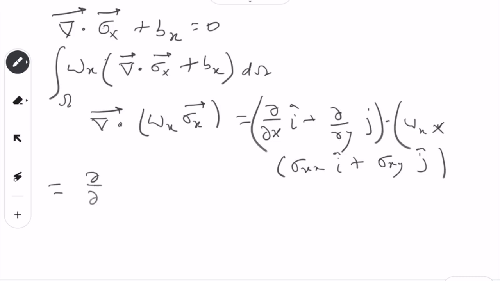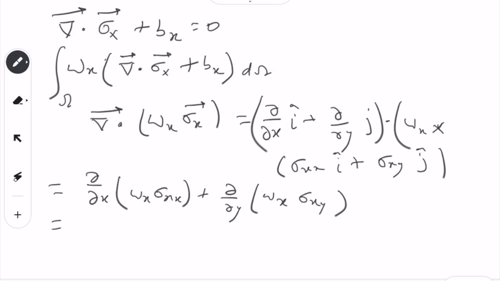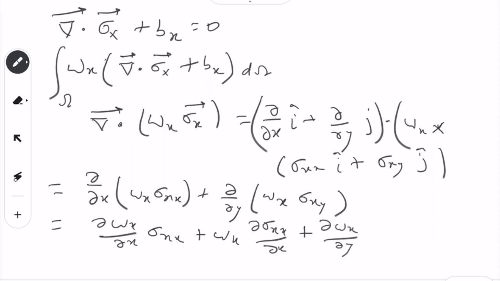So we get del over del x of wx sigma xx plus del over del y of wx sigma xy, and which will be equal to del wx over del x sigma xx plus wx del sigma xx over del x plus del wx over del y sigma xy plus wx del sigma xy over del y. Okay, done. So then what do we get?